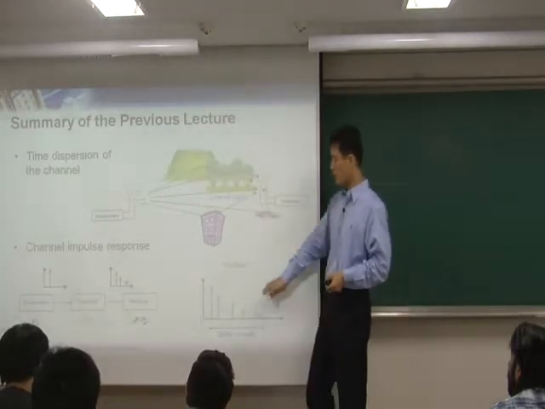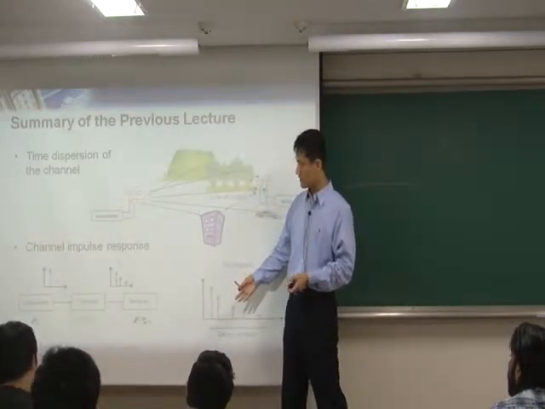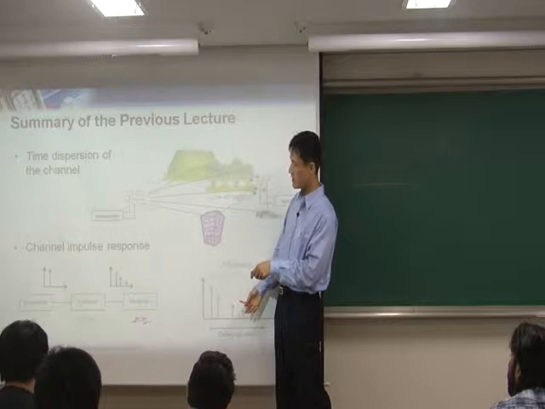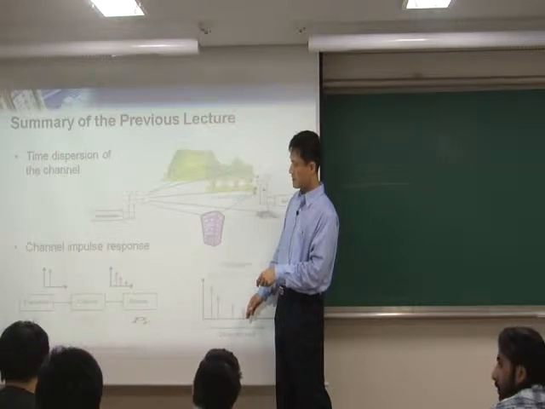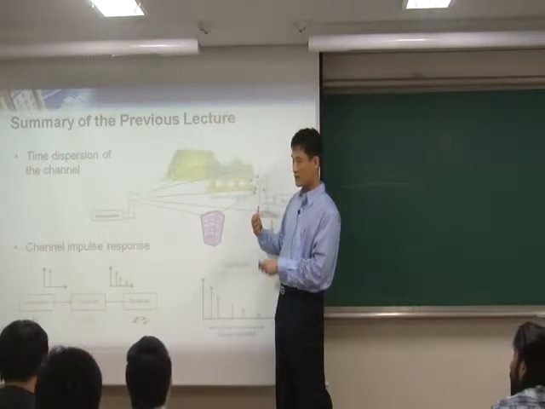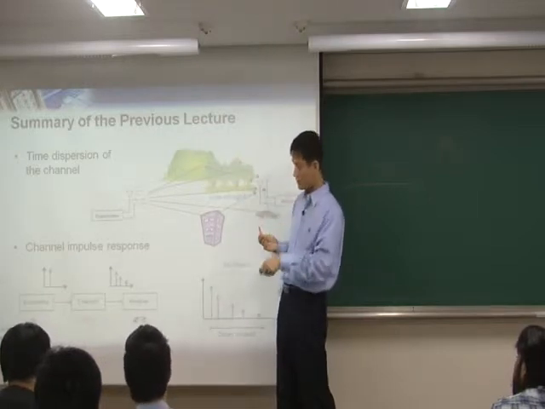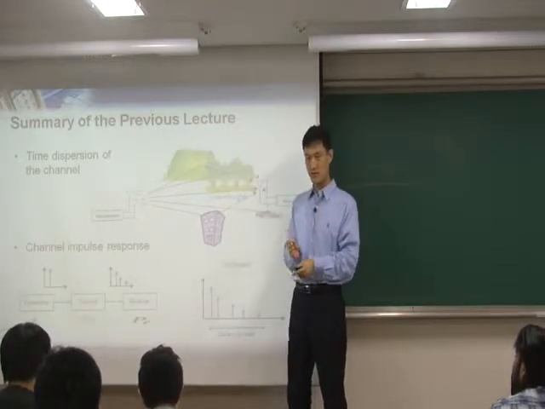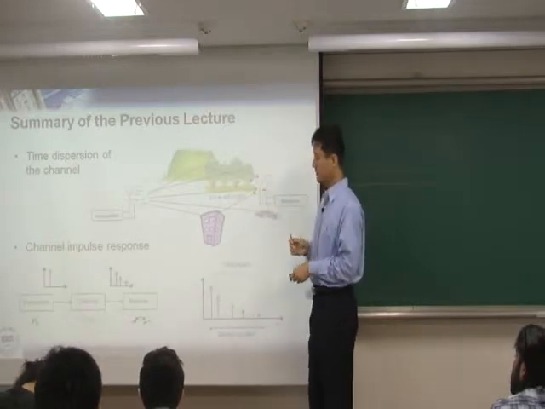If you have only one impulse, which is a very ideal system, because you have an impulse at the transmitter and you receive just an impulse, that means everything is perfect. In that case, the frequency response of this block would be flat, because an impulse in the time domain means flat in the frequency domain. But that's not the case.